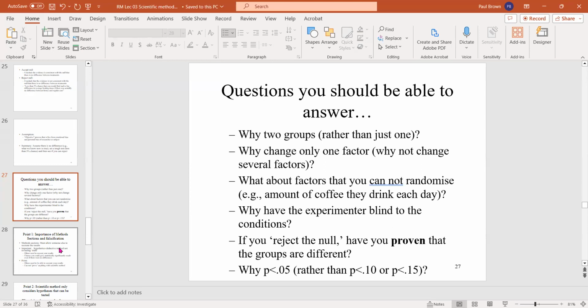Well, I could say to the Manuka honey people, you all look great today, this is going wonderfully, you're really healing well. And to all the standard care, I'd say, ooh, that wound looks bad. So I can influence the results. A blind experiment means that I'm not going to know who's going to get what.